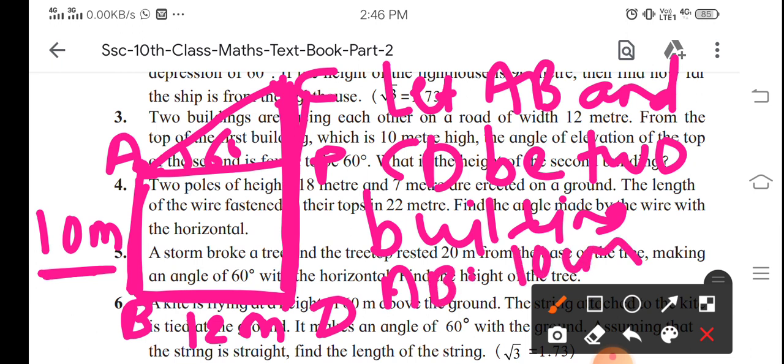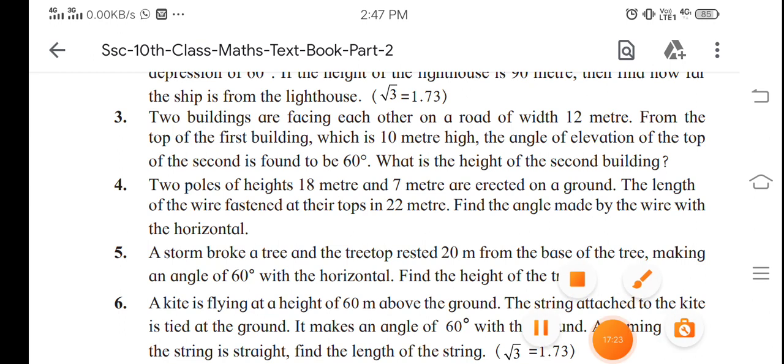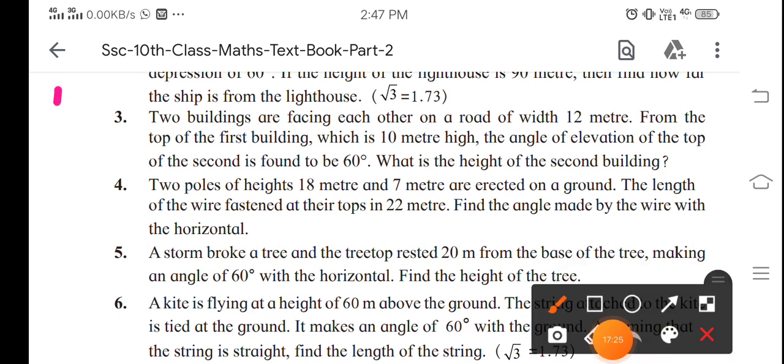Then you will have to write the angle of elevation from the top of AB to the top of CD, that means angle CAP.